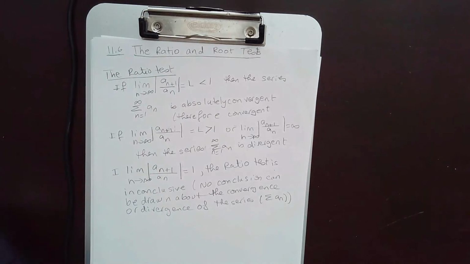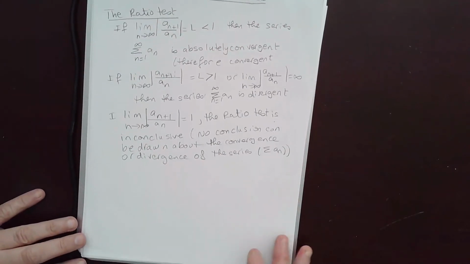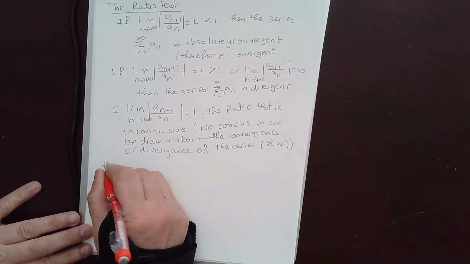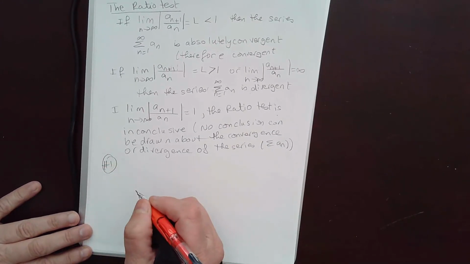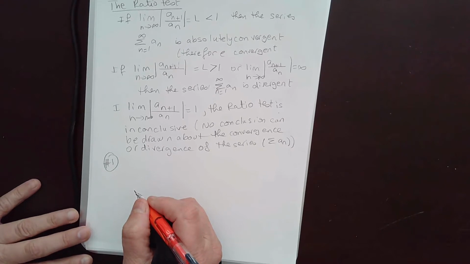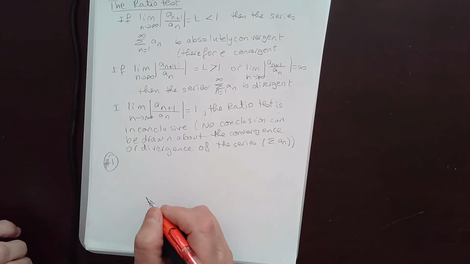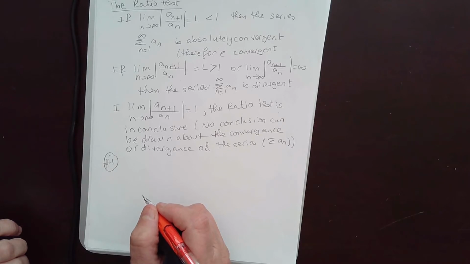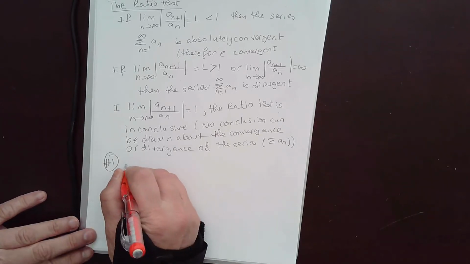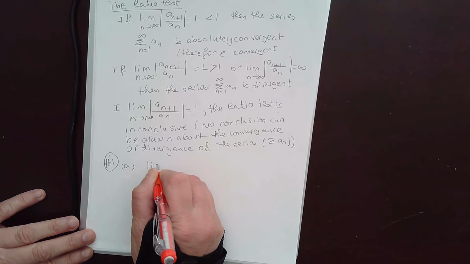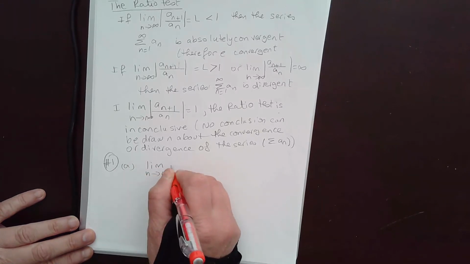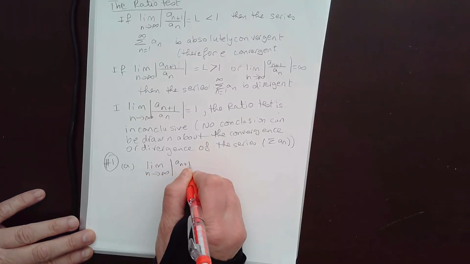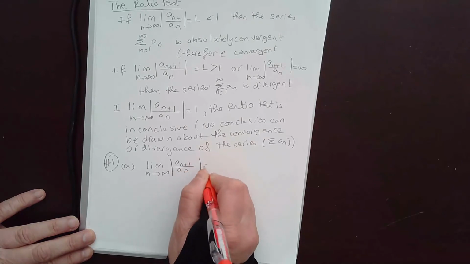So let's do a few problems here. Let's do number 1. Number 1 is relatively easy, but we can do this. Just try the first problem here. What can you say about the series, sum of a_n, in each of the following cases? Part A, the limit as n approaches infinity of a_(n+1) over a_n is equal to 8.